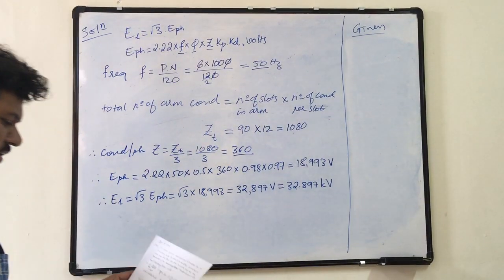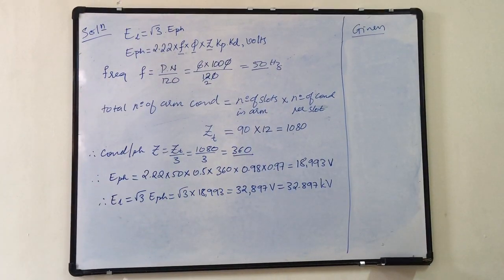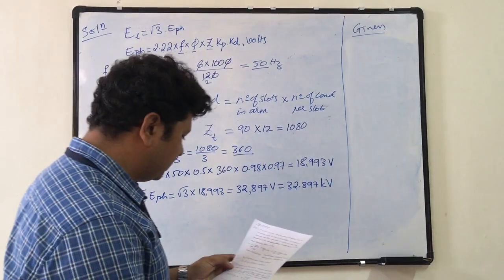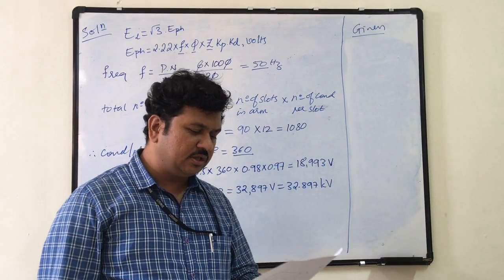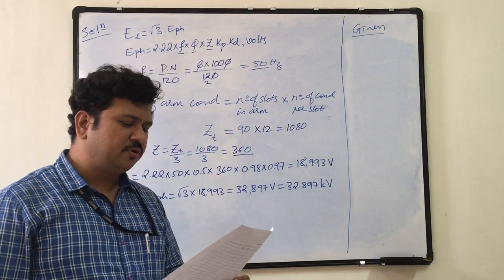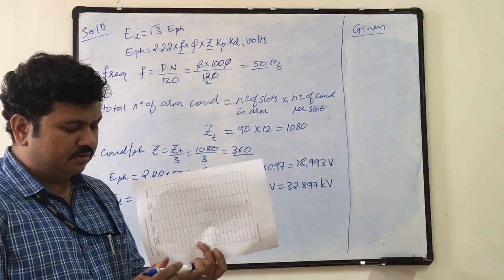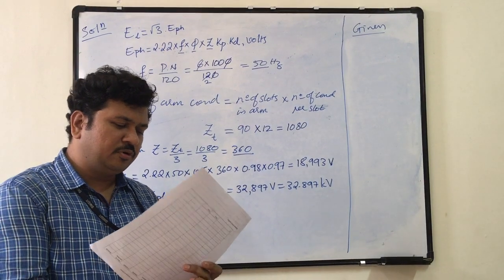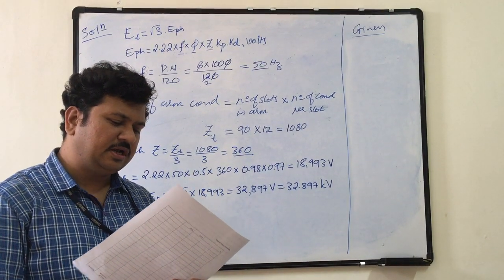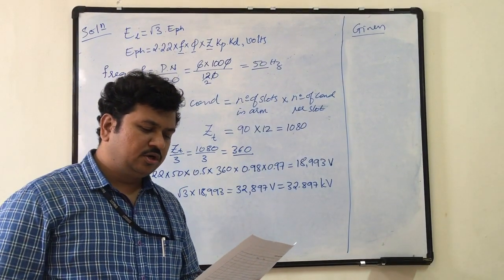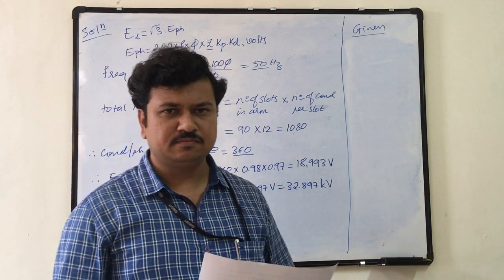I will read out this statement and meanwhile I will be writing the given things. The second example statement goes like this. A 6-pole 3-phase 50 Hz alternator has 12 slots per pole.